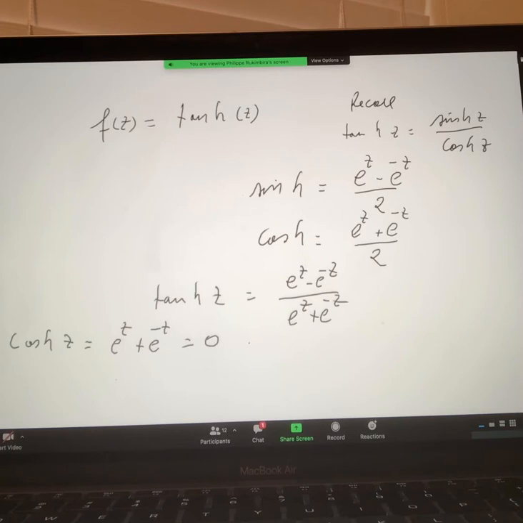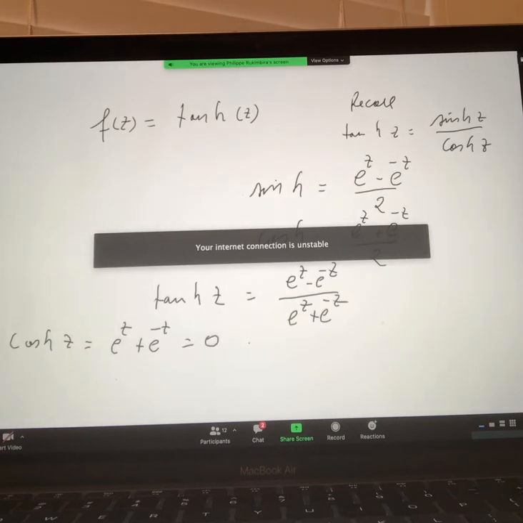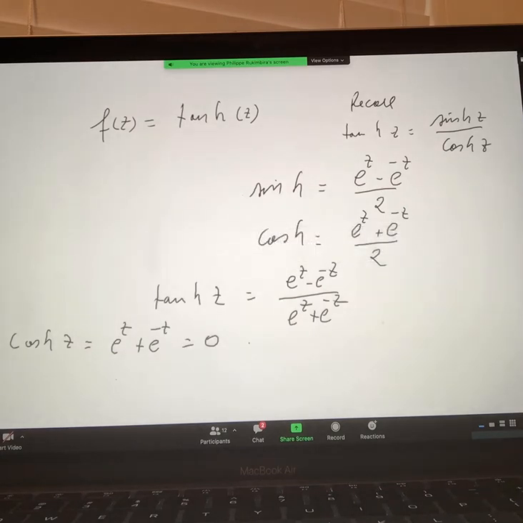How can hyperbolic cosine be 0? Well, you tell me, is it possible or not? Let me remind you, these are functions of a complex variable. These are not real functions. I'm not sure that it's not possible. Just try to solve and see if you can find a solution. These are complex variables, and many things have been shown to be possible.